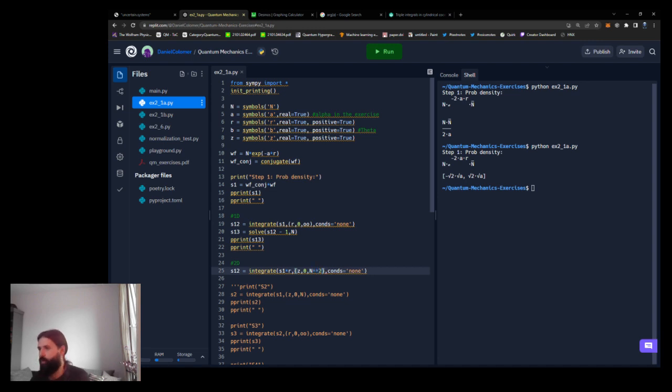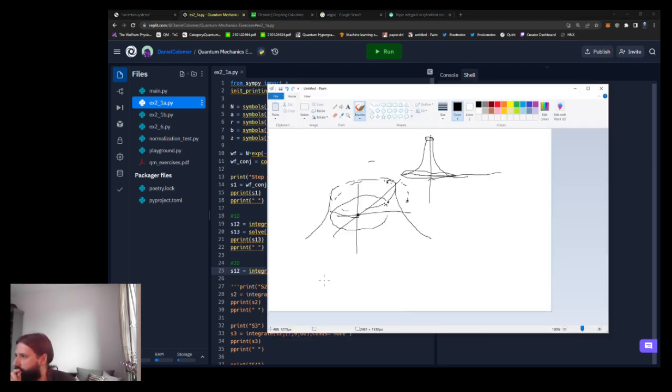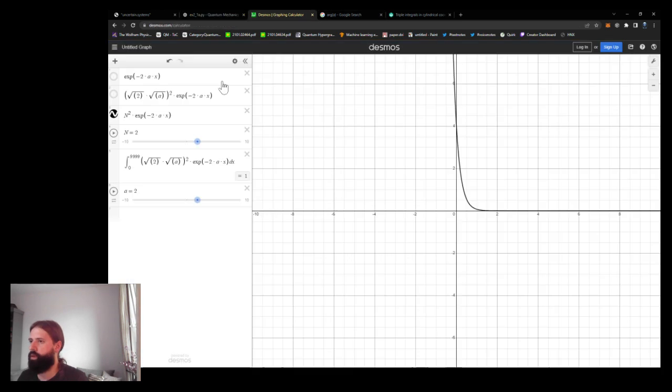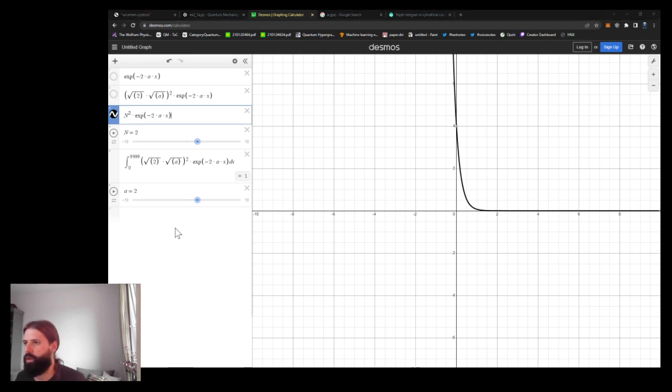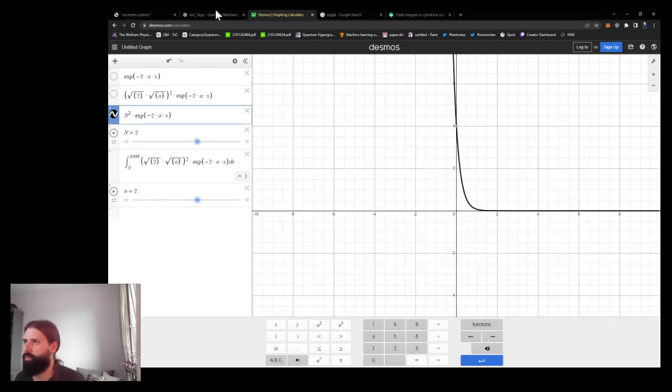But it's really n squared at the top, because that's the function that we're integrating. Really, this is the probability density function.